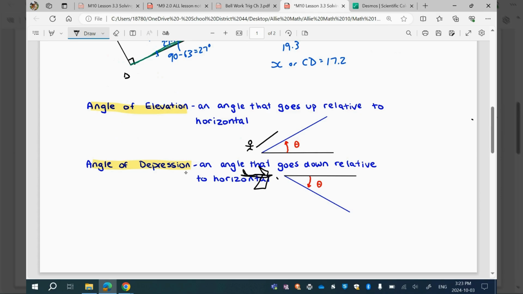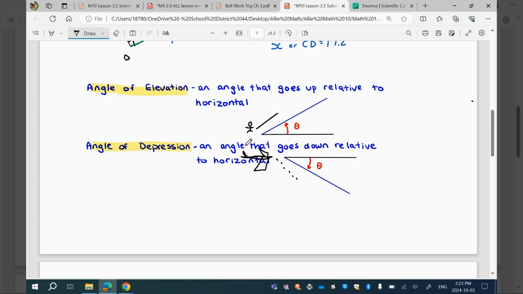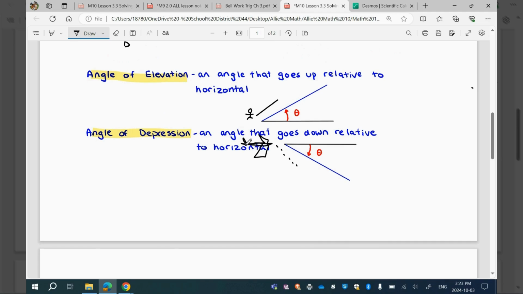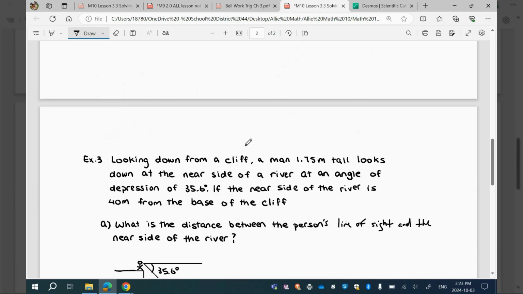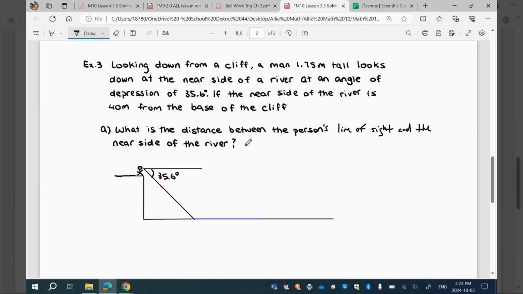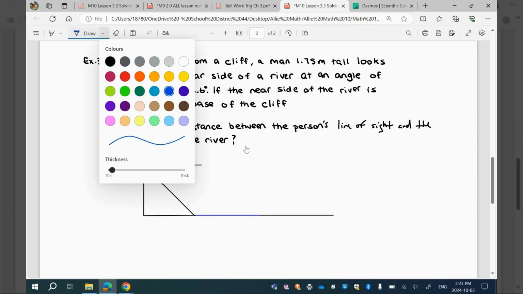And the airplane looks down, or you could say that as a bird. I don't know what I'm drawing here, but angle of depression is an angle that goes down relative to the horizon, and angle of elevation goes up relative to the horizon. I don't know if either of those bad drawings are helpful. There you go. So let's look at a question and figure this out together.